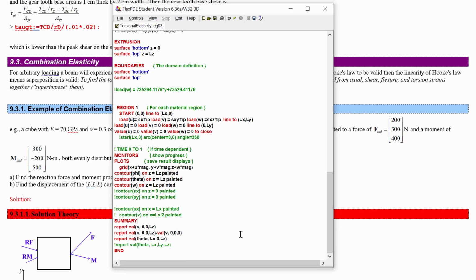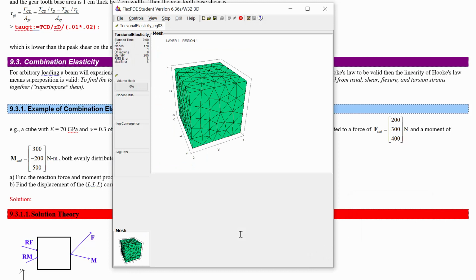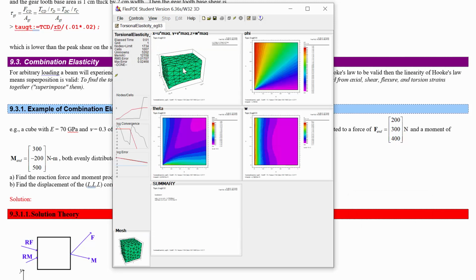So let's report that. Let's report the value of U at Lx, Ly, Lz, and just see what we have there. So here's our deformation now.